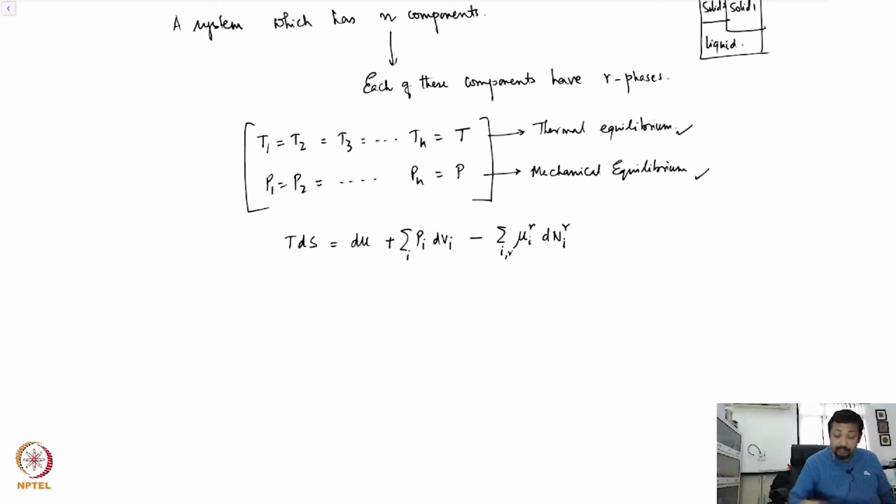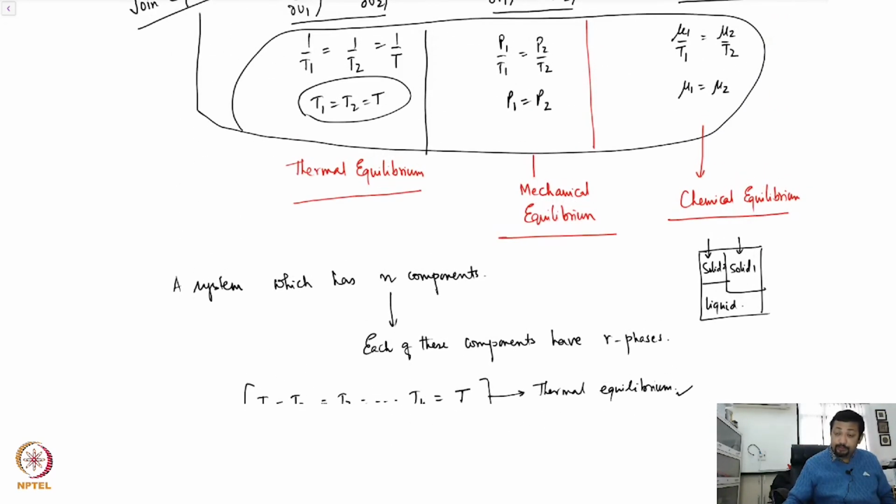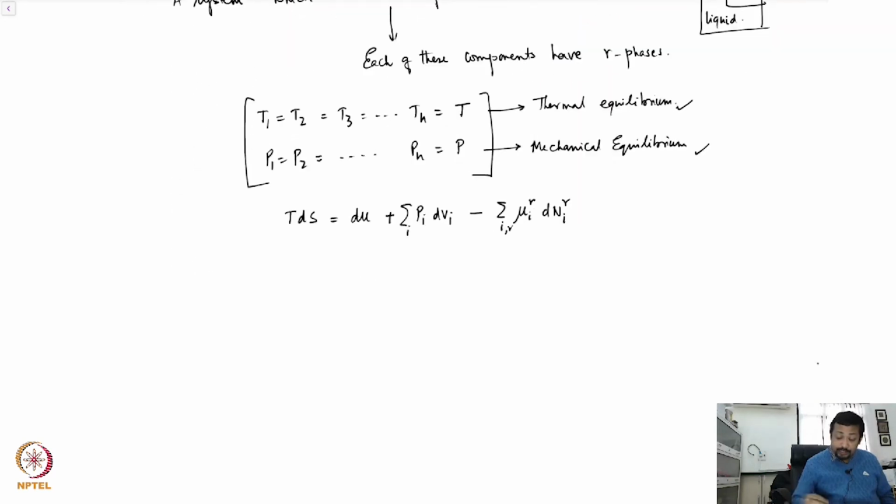The chemical equilibrium essentially tells me that I have μ1 is equal to μ2 for a single component system, but now one has to be careful that μ1 of phase 1, the superscript denotes the phase, must be equal to μ1 of phase 2, up to μ1 of phase r. That's what the chemical equilibrium would mean.